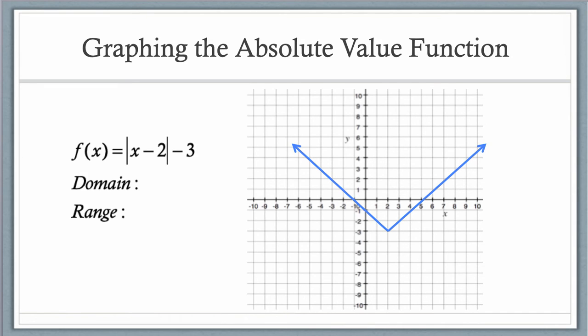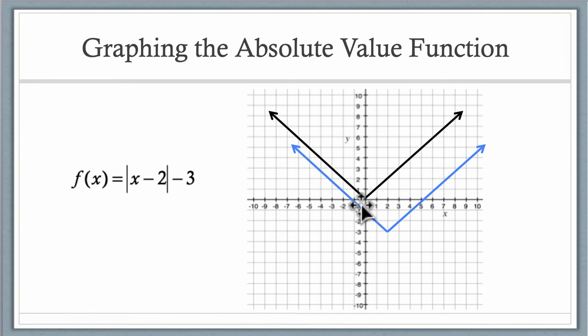We can now find the domain and the range of this absolute value function. So if I have f of x equals the absolute value of x minus 2 minus 3, my domain is going to be the same as the parent function. There's no restriction on the x value, so the domain is going to remain all real numbers. However, if we look at the parent function again, it looks like my y values are only positive values.